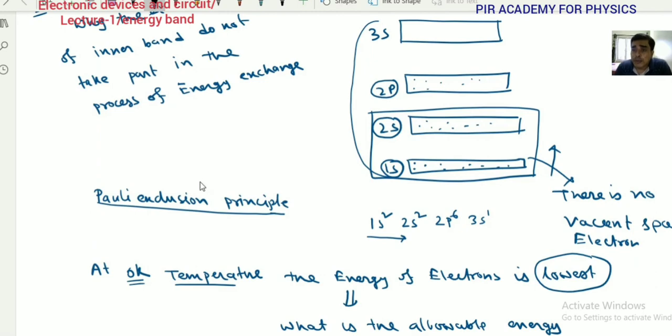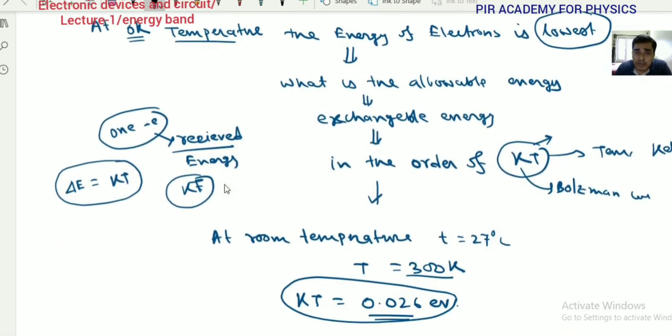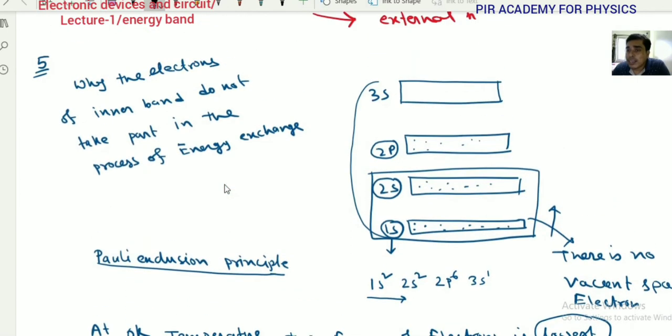So if the electron of 1s wants to receive this energy, it cannot go to the higher energy level, because there is no vacant energy level around these.